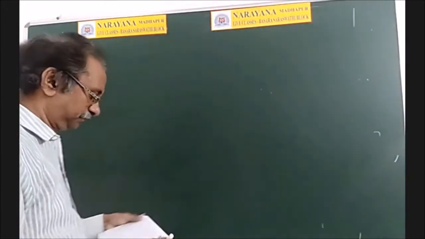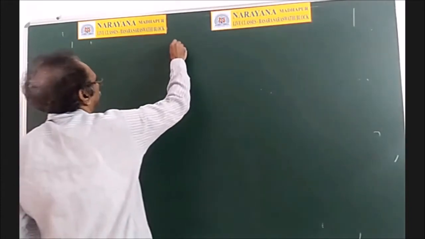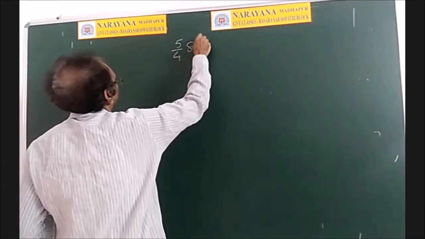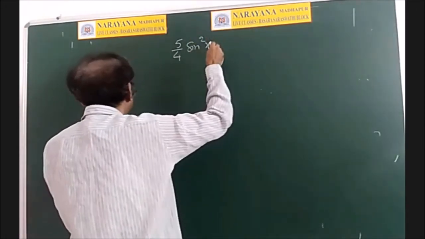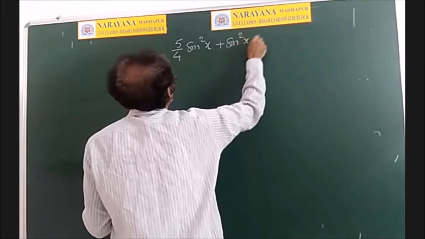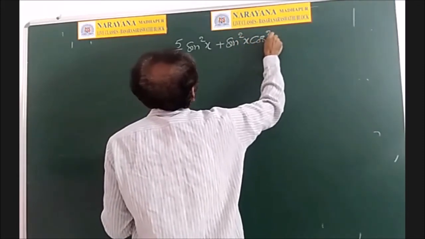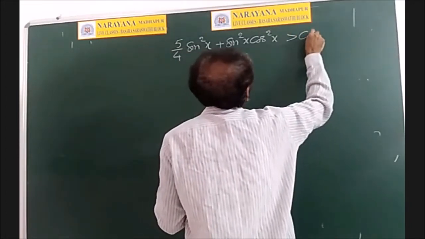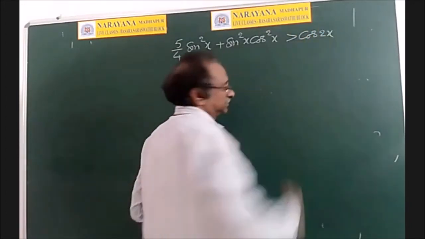Next one. 5 by 4 sin square x plus sin square x cos square x greater than cos 2x.